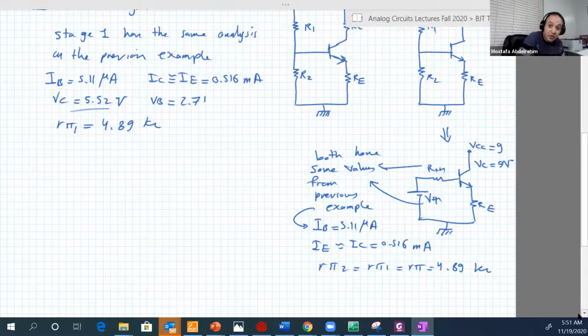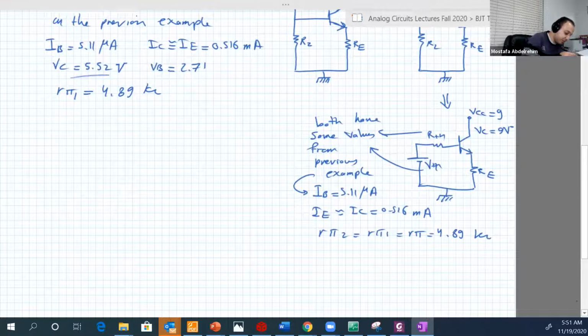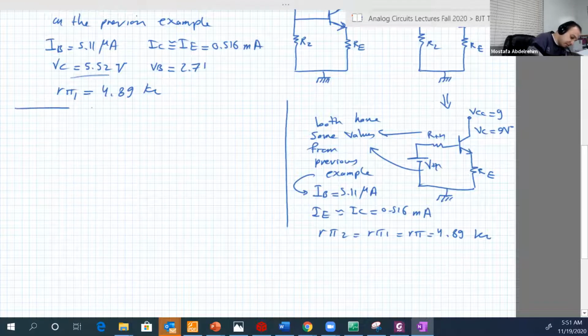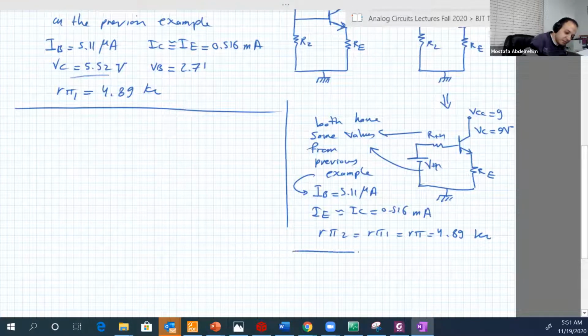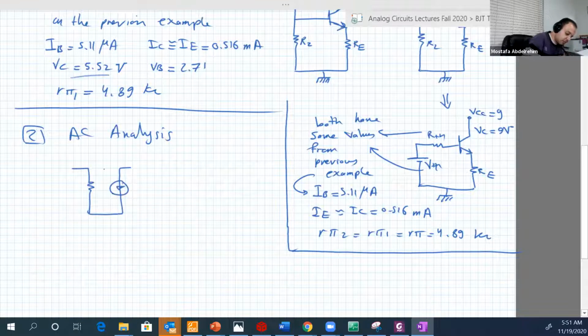So let's now go to the AC equivalent circuit. So number 2. So let's have a line here. The AC analysis. So base 1, emitter 1, I'm sorry, collector 1, and emitter 1.